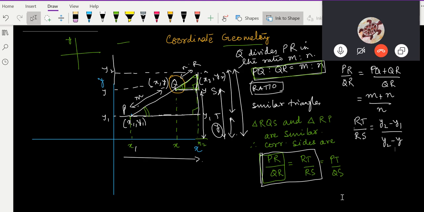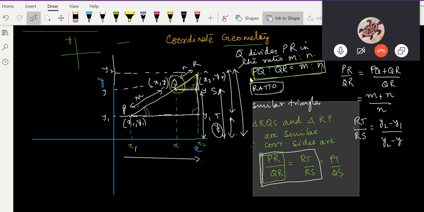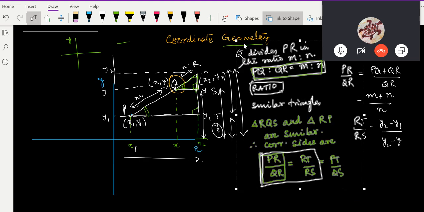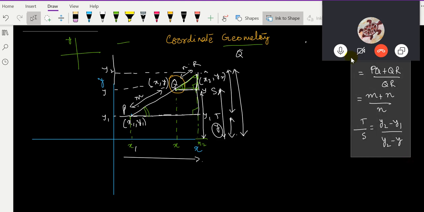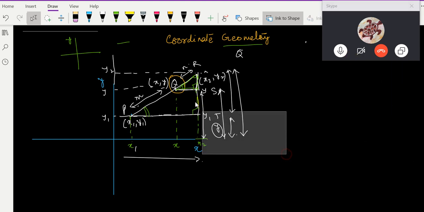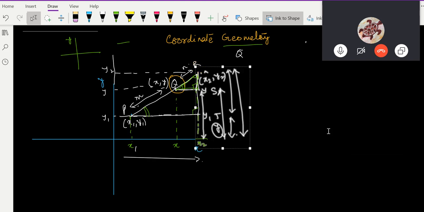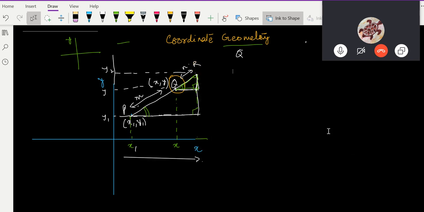Let me clear this up a little bit. So this point is S, this point is T, right? And this is y, this is y1, this is y2.